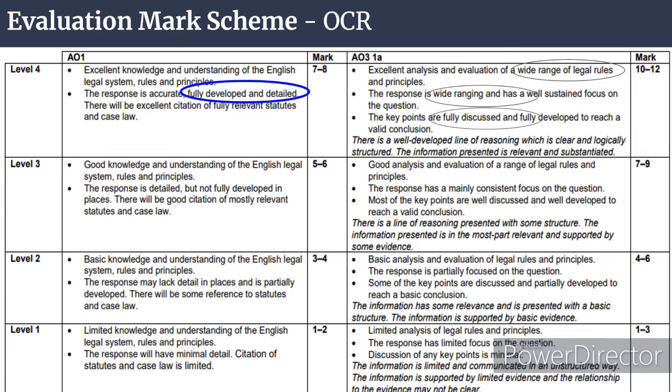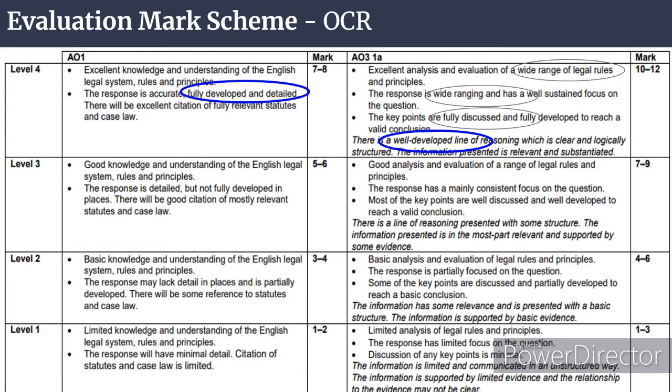You've got on AO3 wide-ranging, fully discussed, fully developed, and at the end it says well developed. So what we're saying here is for level 4 there needs to be detailed law, detailed evaluation, and you need to cover quite a few evaluative points.